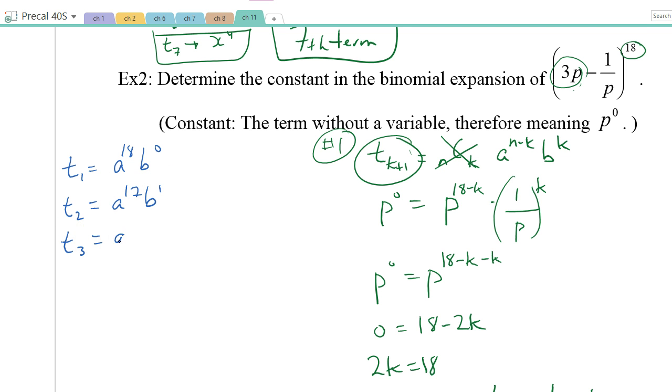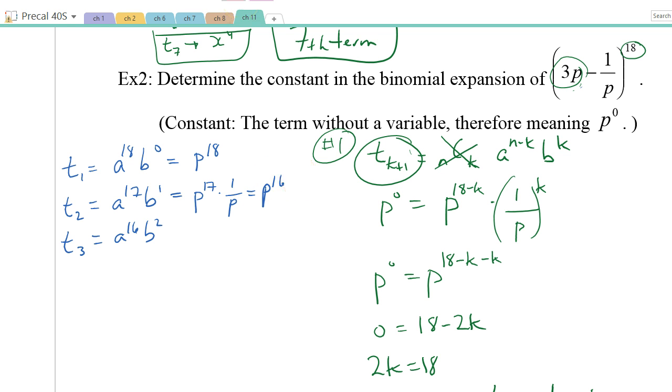Term 3 is a to the 16th, b squared. Okay, so my first one, a to the 18th, just only looking at the p part, that would be p to the 18th. And then since b to the 0 is 1, I don't need to worry about it. A to the 17th, so that's p to the 17th, multiplied by 1 over p to the 1, so I get p to the 16th.